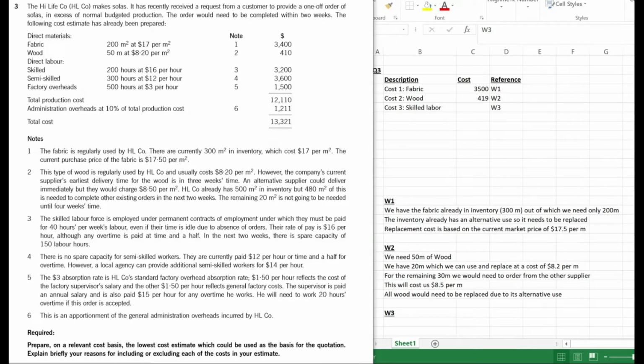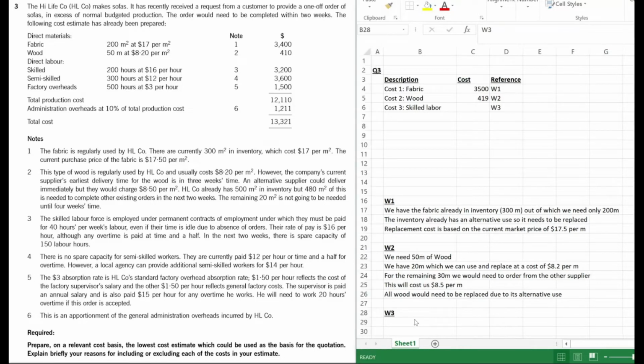And spare capacity means there's no relevant cost, right? They were going to be paid anyway, even if we didn't take the project, there's no relevant cost here. So we'll write that point down first. There are 150 hours of spare capacity for which there is no relevant cost.